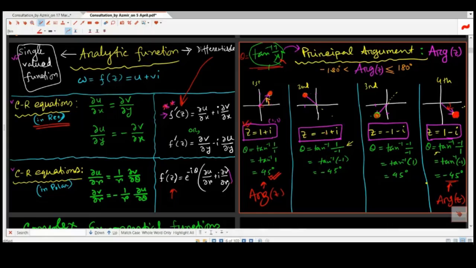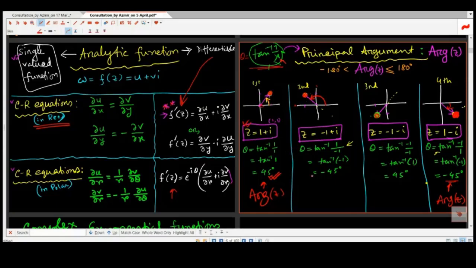But if we have a point in the second quadrant, then we can apply the formula tan inverse y over x. So tan inverse of minus 1 is minus 45 degrees. So minus 45 degrees is in between this region, but that is not the correct result. We can see that the argument can be between 90 degrees and 180 degrees.